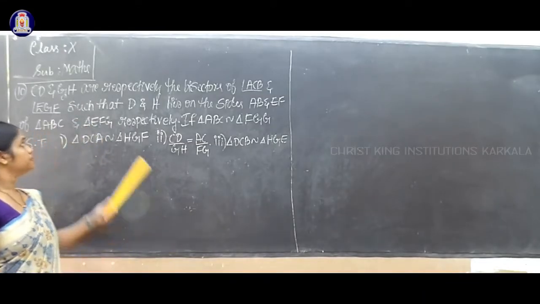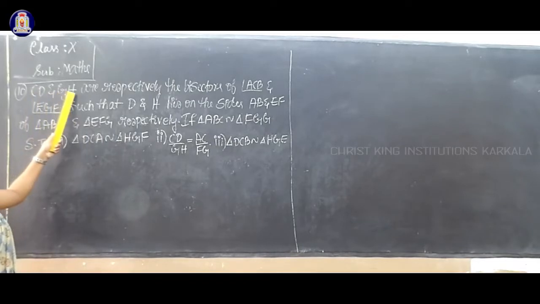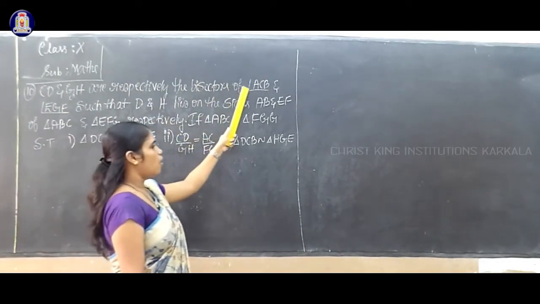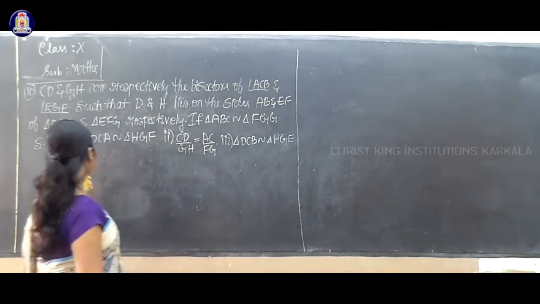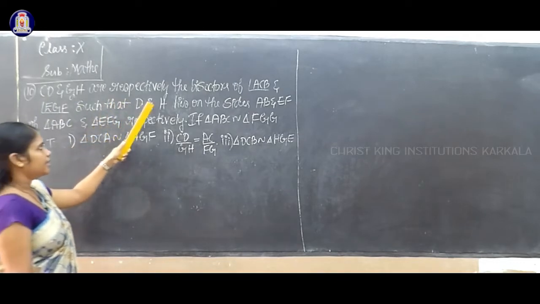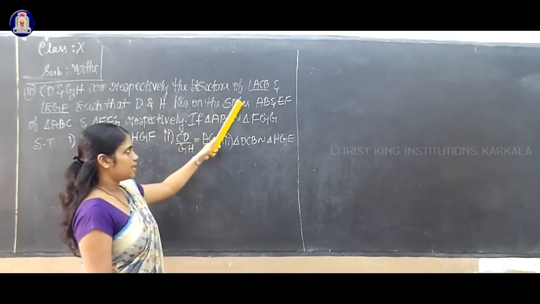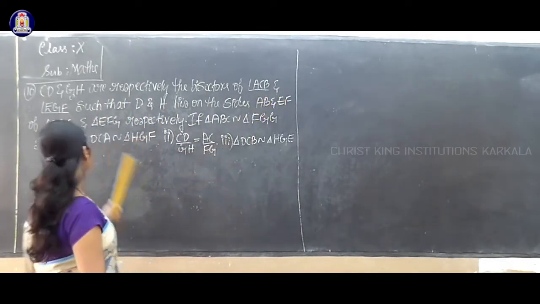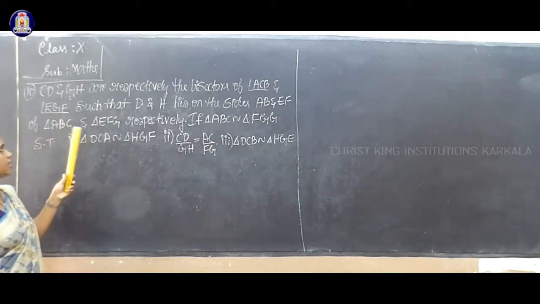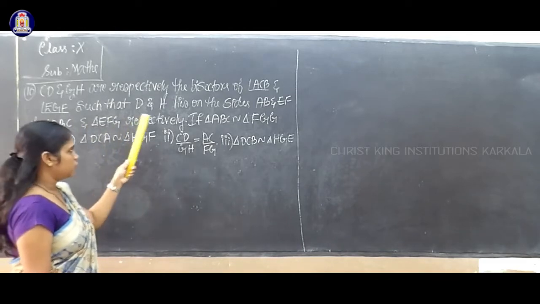Next question. CD and GH are respectively the bisectors of angle ACB and angle EGF such that D and H lie on the sides AB and EF of triangle ABC and triangle EFG respectively.